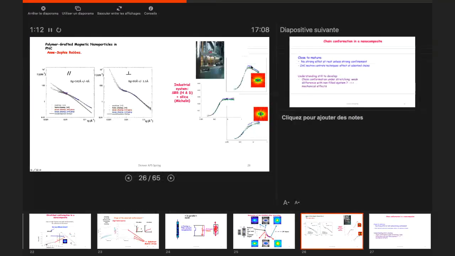This is the effect of the transverse deformation, which is a kind of shrinking effect that produces this maximum. In the parallel direction, this is more or less the opposite.